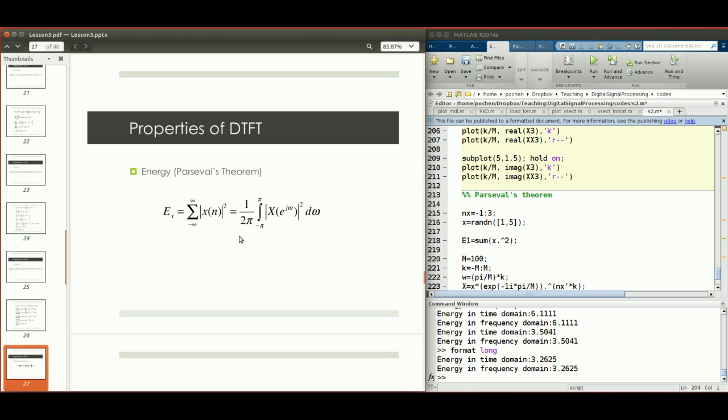And this energy equals the integral. Here we are treating omega as a continuous variable, so it's an integral. And then you square the amplitude, because the big X is a complex number. If you take the absolute value, you get the length of the complex vector.